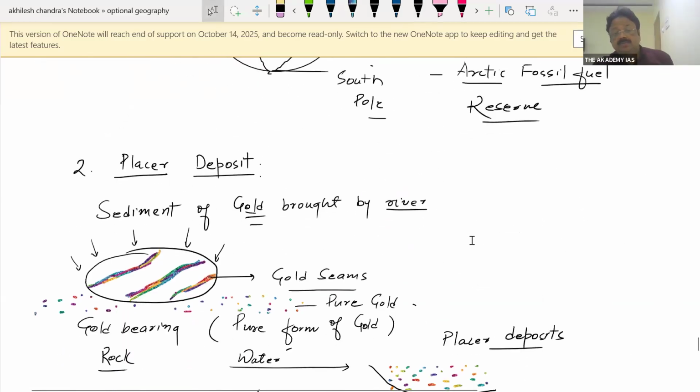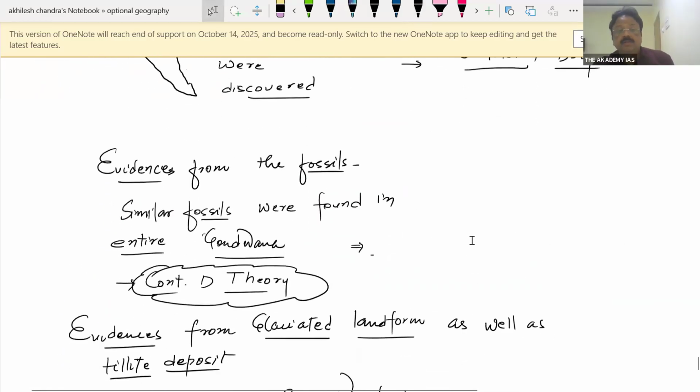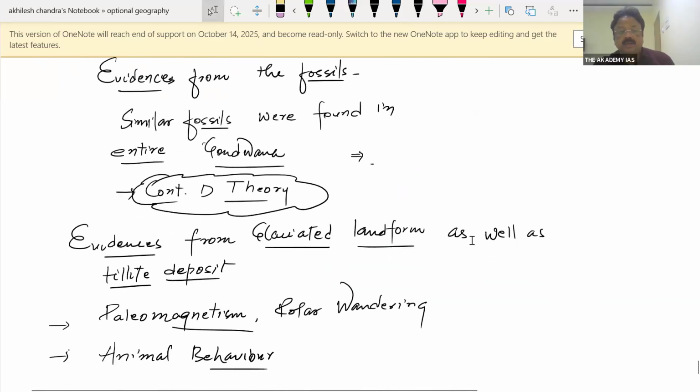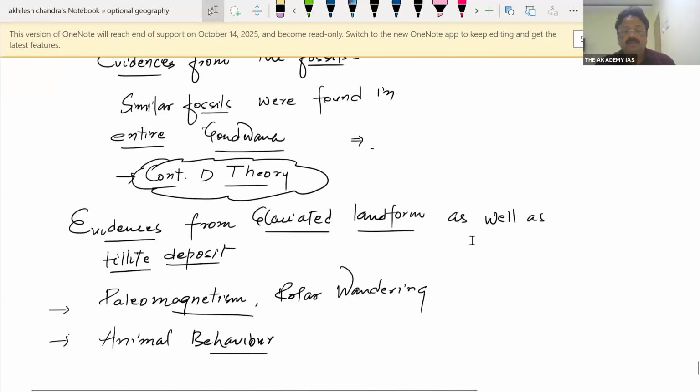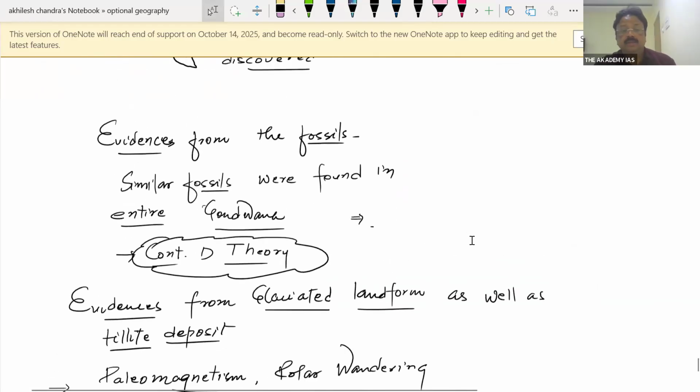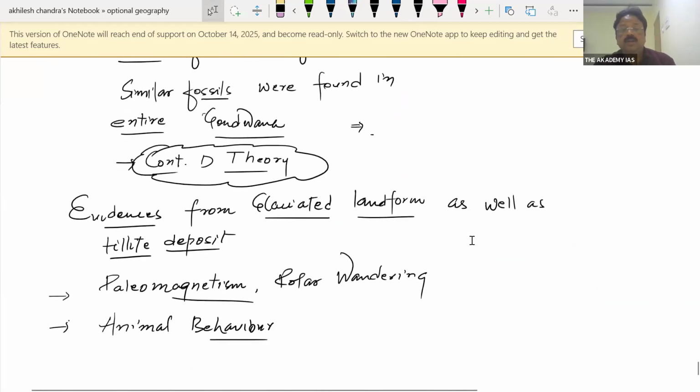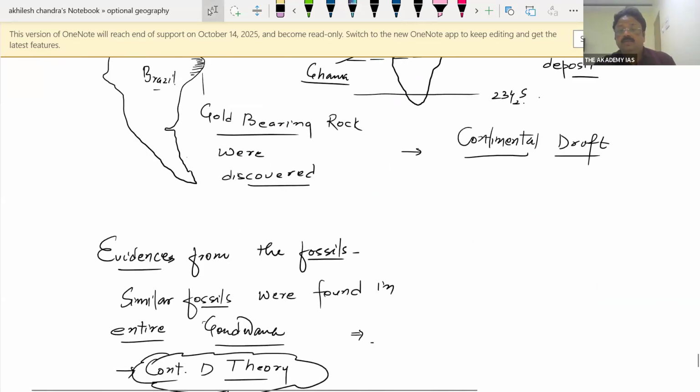Then placer deposit we discussed, good. And then evidences from the fossils, it was discussed. Fine. Evidence from glaciated landform as well as tillite deposit, paleomagnetism, and animal behavior are left over.